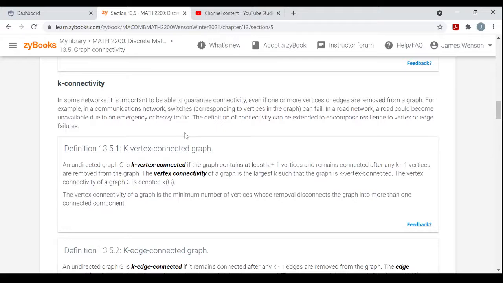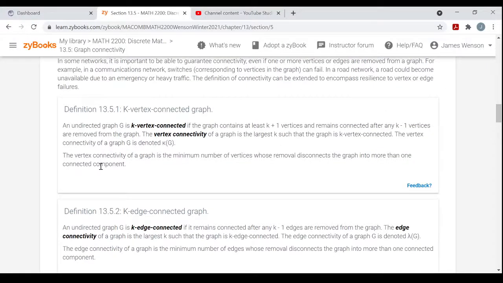Or how many edges could I remove and have the graph still be connected? And this is called connectivity. So there's two definitions here: one about being k vertex connected, and one about being k edge connected.